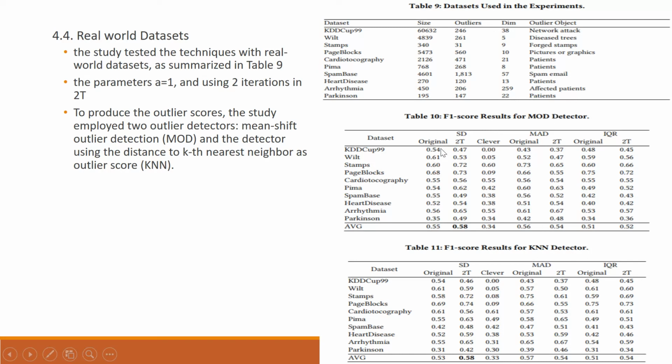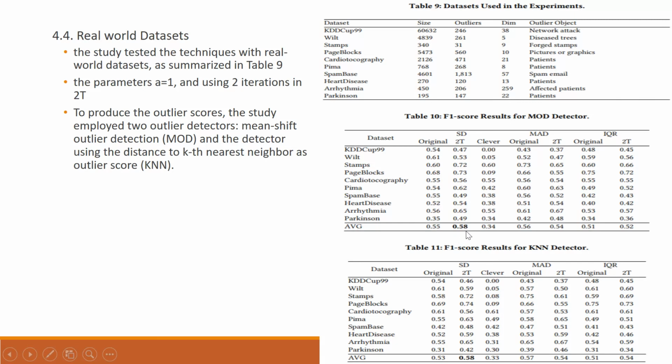and the original data without outlier detection and removal. And this is the average F1 score for all the datasets they tested. This is the average F1 score for the data where they use 2T with standard deviation, and this is the clever standard deviation, but you can ignore this for now.